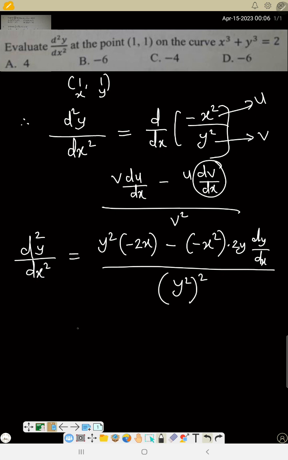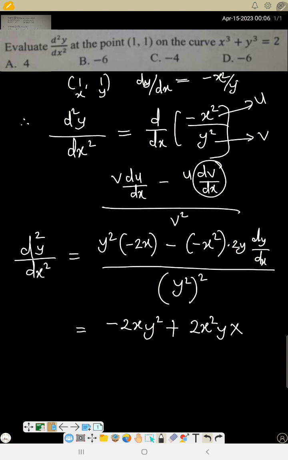So now this is the same thing as minus 2s y squared, then plus, because minus times minus is plus, plus 2s squared y times dy ds. What is our dy ds from the beginning? So remember our dy ds is equal to minus s squared divided by y squared.